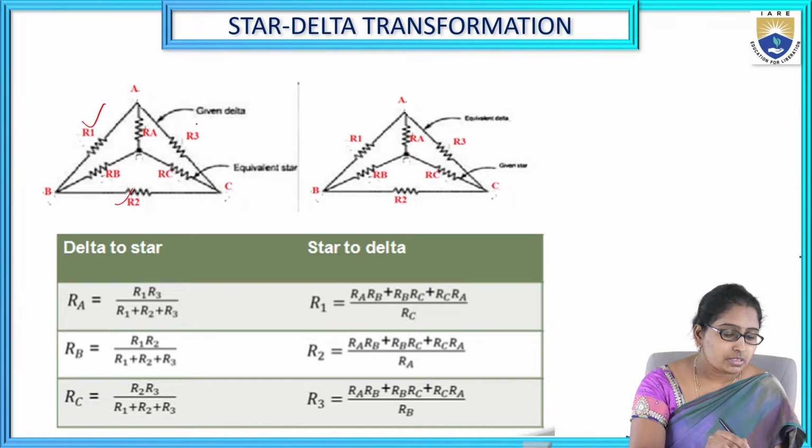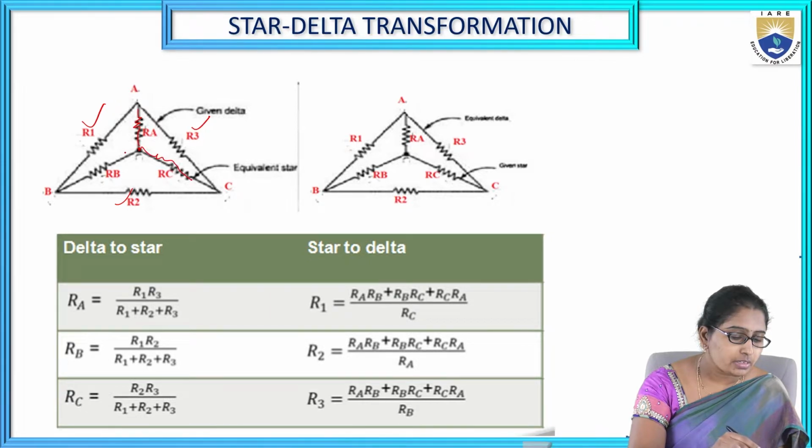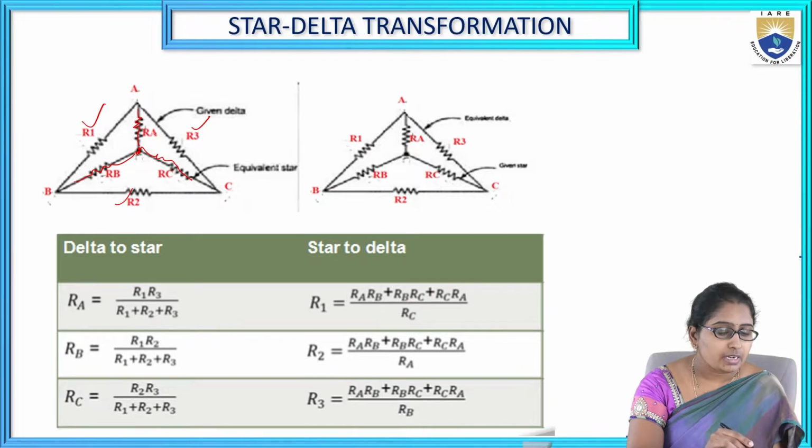Its equivalent star network is like this. Let us draw the star network inside of the delta network.